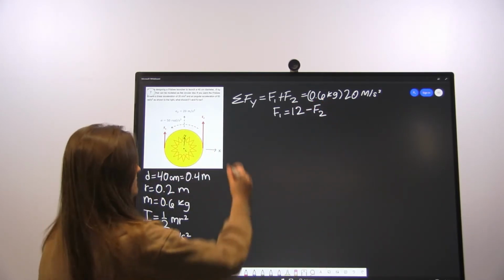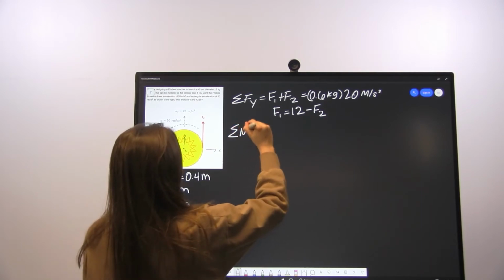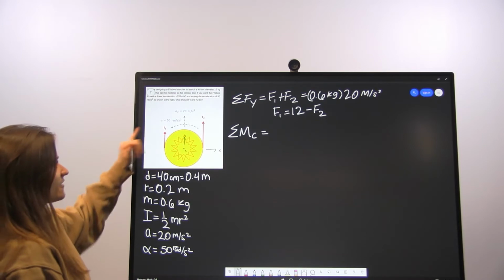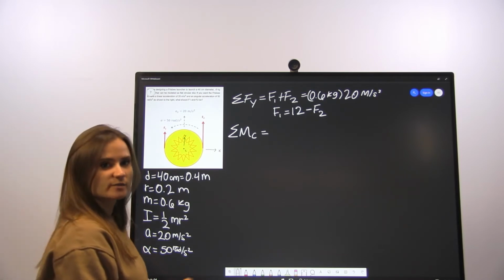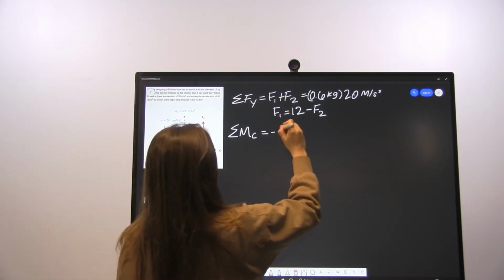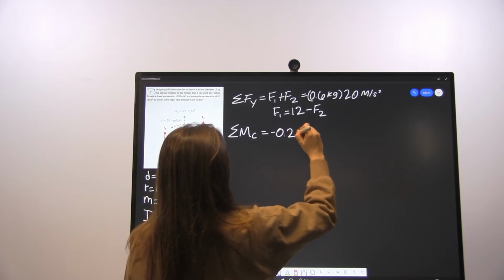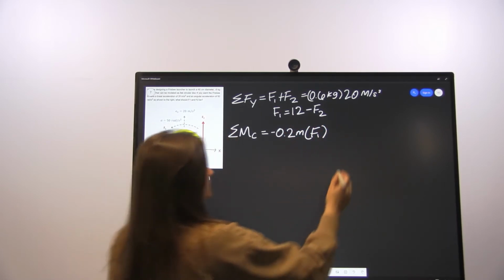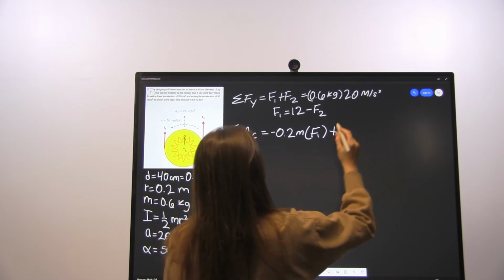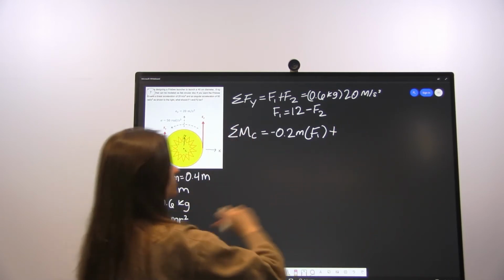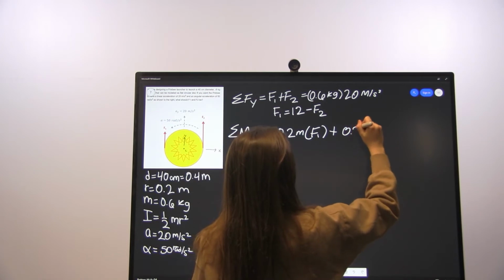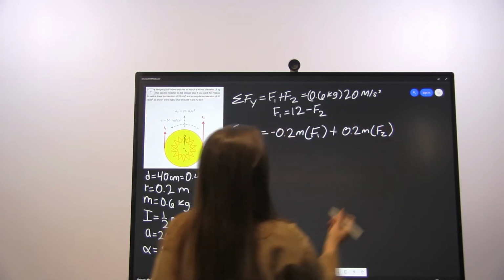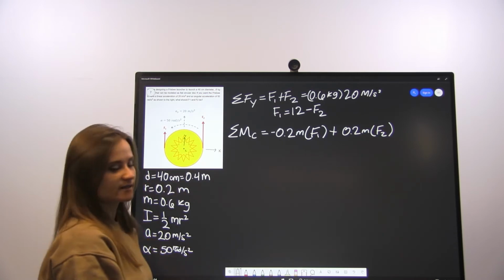Now we want the net moment at point C, and that is going to be equal to the moment created by force 1, which is going to be negative, with a radius of 0.2 meters times force 1, plus the moment created by force 2, which is 0.2 meters times force 2, because if you remember, moment is force times the radius.